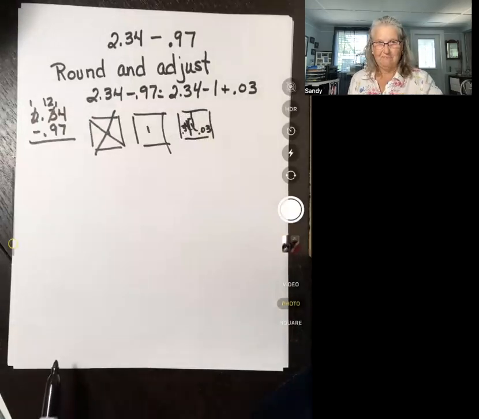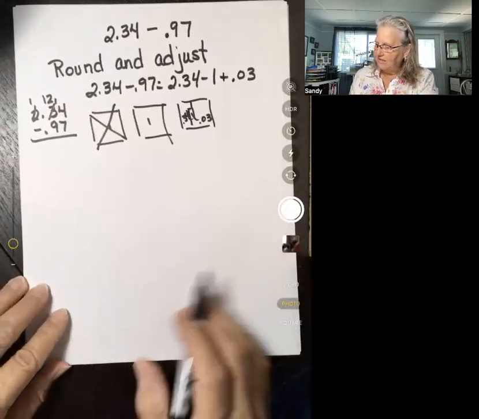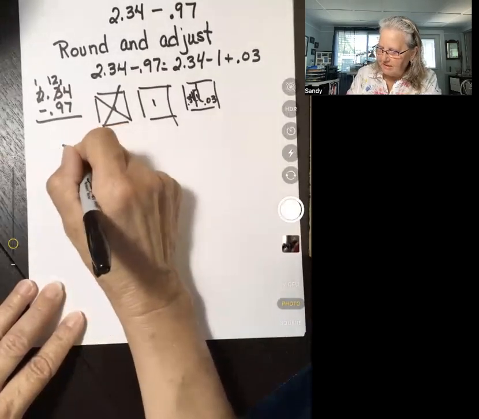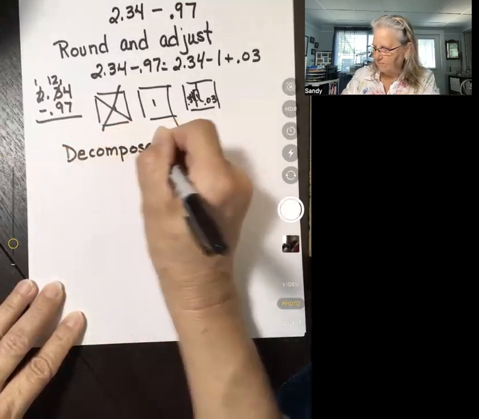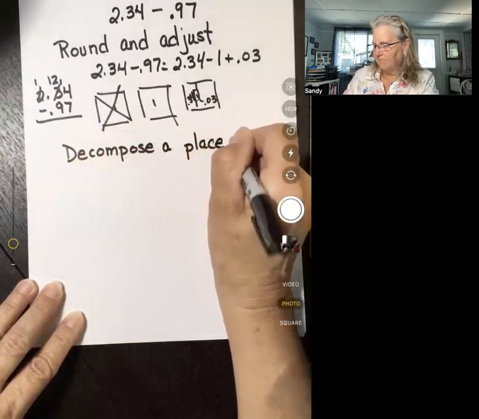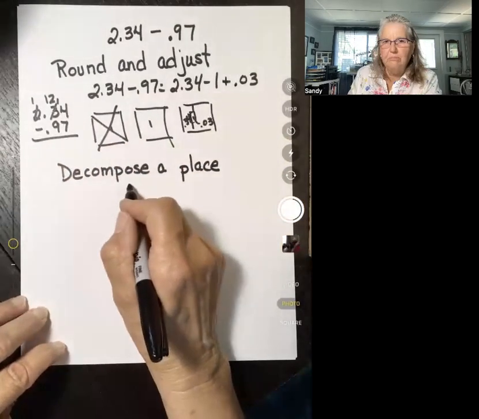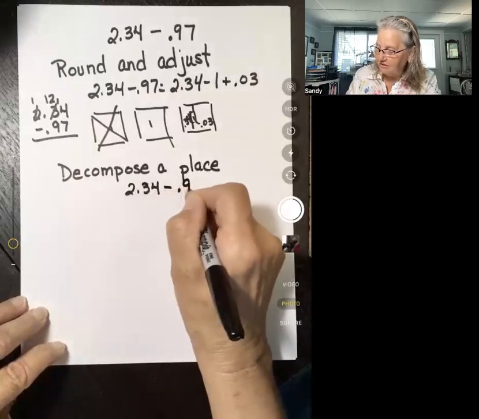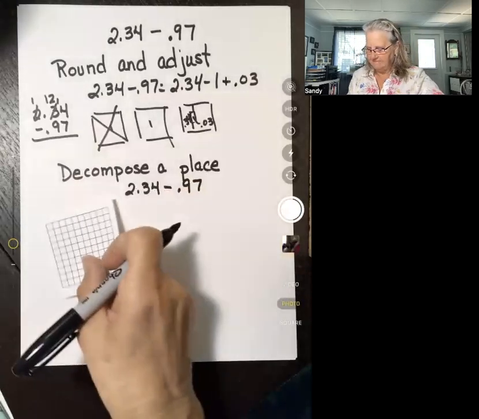Okay, now another strategy that we were using, one was, let's see, decompose a place. So essentially, if I'm wanting to remove 97/100 from 2 and 34/100, I'm going to start a similar way.